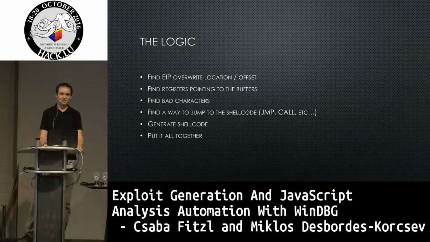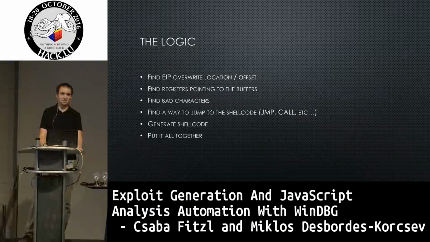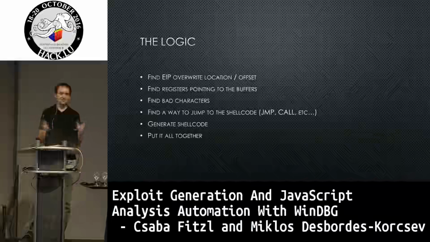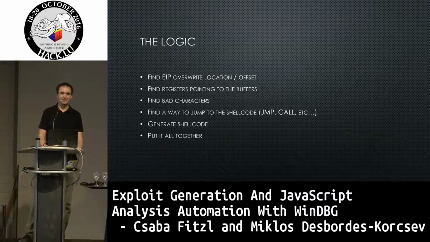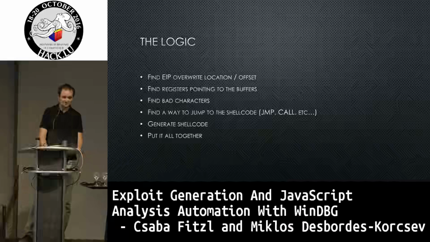It will generate the shellcode. Now, this part is where it uses Metasploit to generate the shellcode. At this point, it's hard-coded to calc.exe as a shellcode, but you can essentially replace that line with anything. But you need Metasploit to generate the shellcode. And it will generate the shellcode knowing all the bad characters.